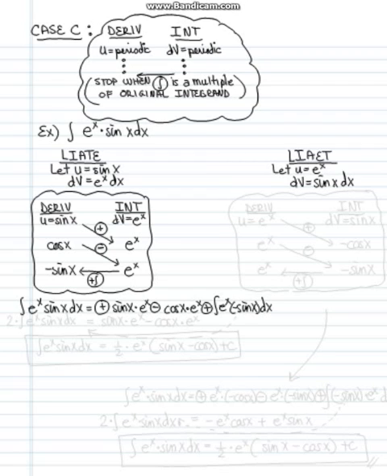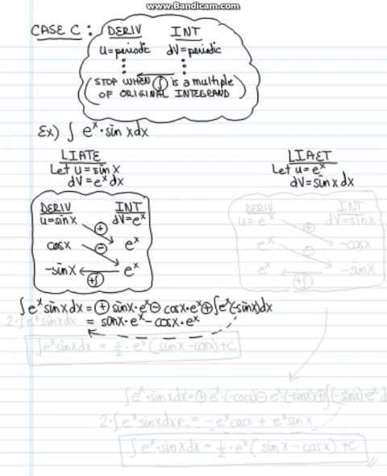Okay, simplifying that, we see that we have a negative e to the x sine x on the right and a positive e to the x sine x on the left. So this is equal to sine x times e to the x minus cosine x times e to the x. And this guy, he's coming over to the other side.